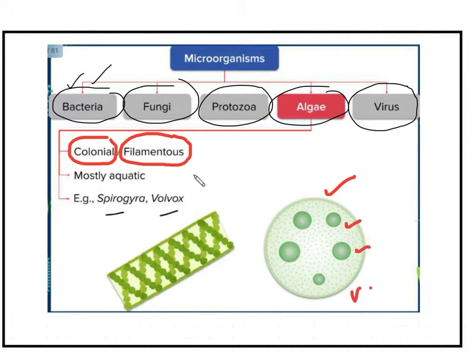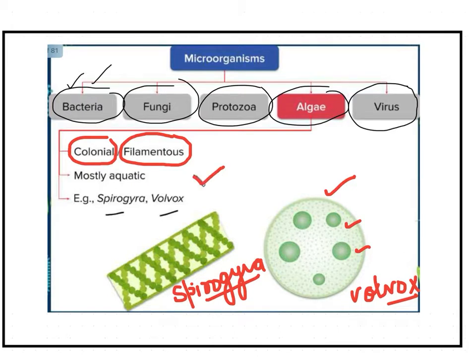This is an example, Volvox, where you can see the algae existing in groups, forming colonies. While the first picture shows Spirogyra, where this algae has a filamentous structure. You can see it consists of certain filaments.